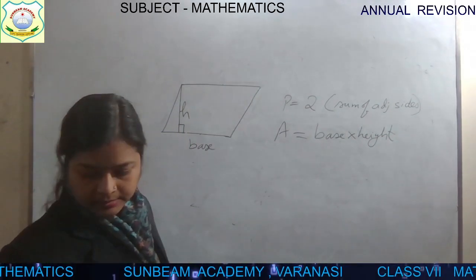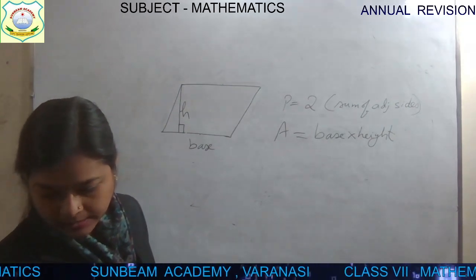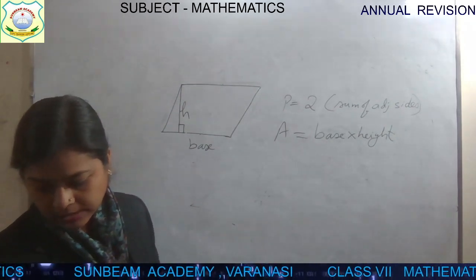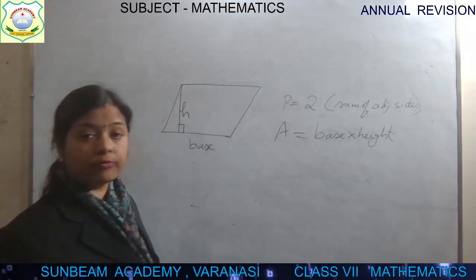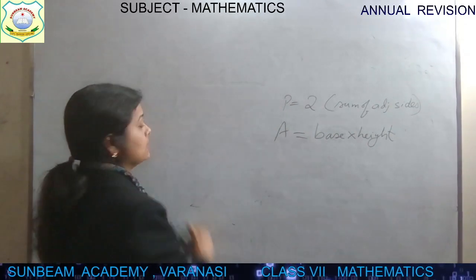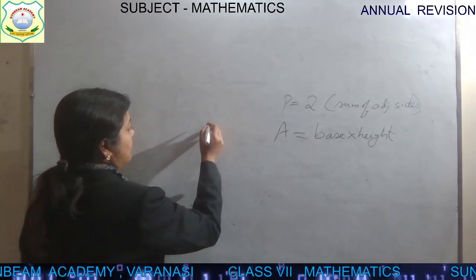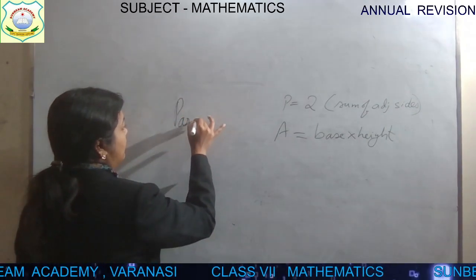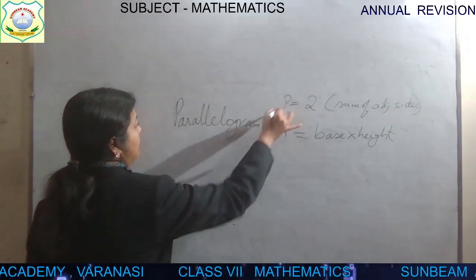Okay, then after this formula we were having rhombus. Area of rhombus. A parallelogram whose all sides are equal is a rhombus. This is for the parallelogram.